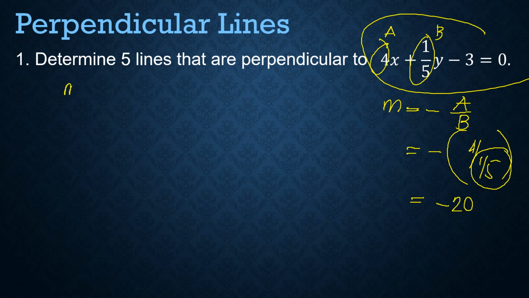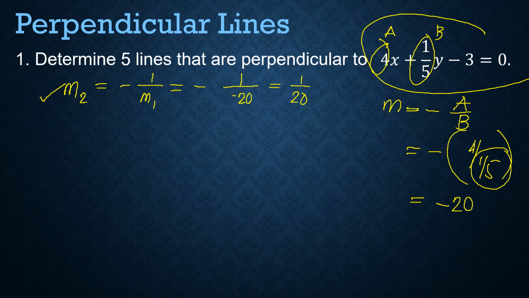Now from negative 20, we just need to get the slope of the second line, and this slope will be the slope of the 5 lines. Okay, so m sub 2 is equal to negative 1 over m sub 1. That is negative 1 over negative 20, and that will be 1 over 20.